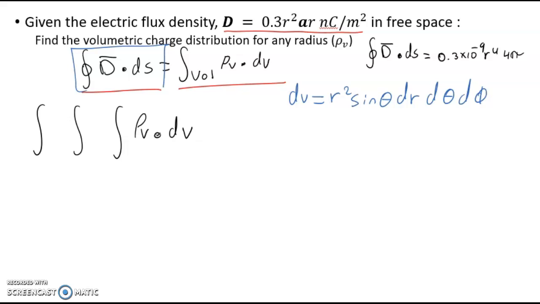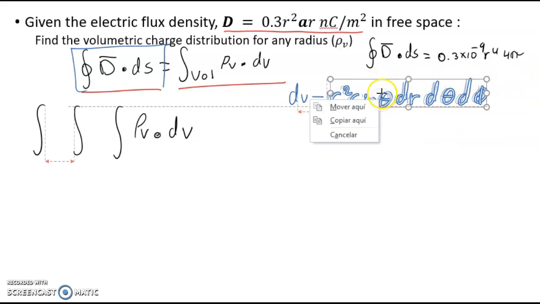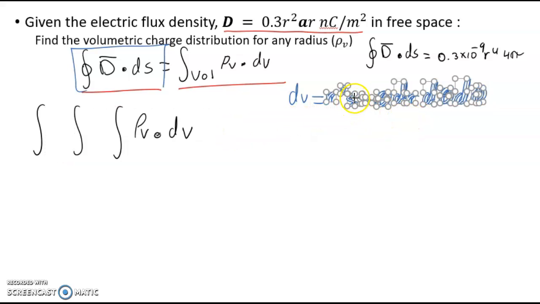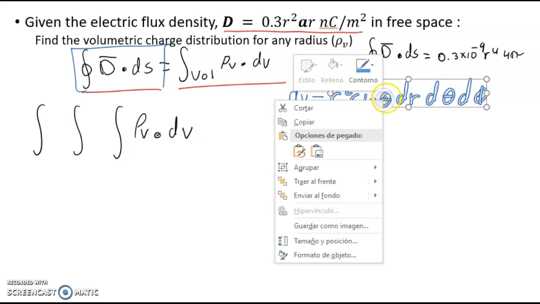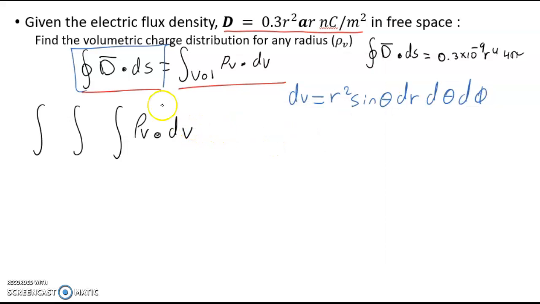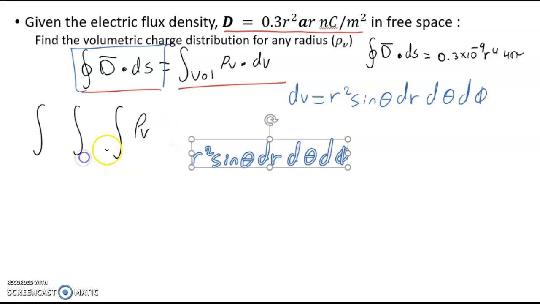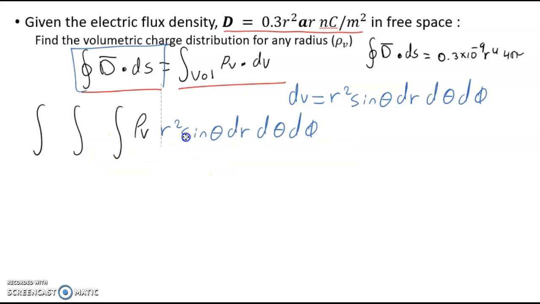So we take this value and place it in here.